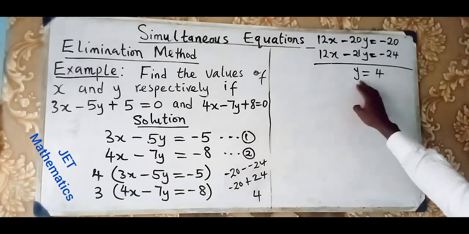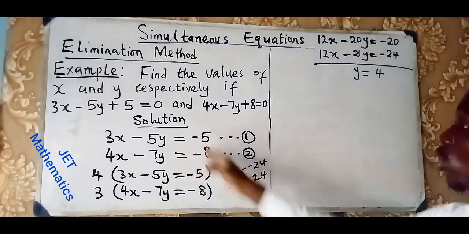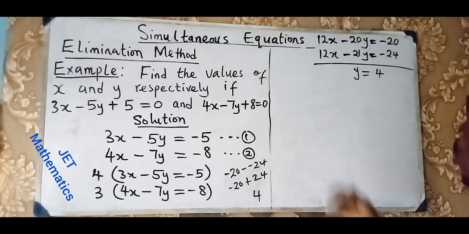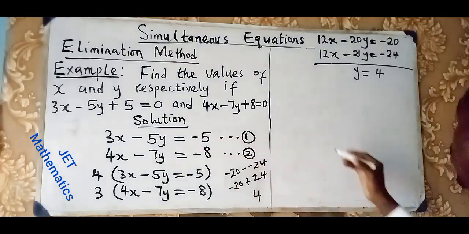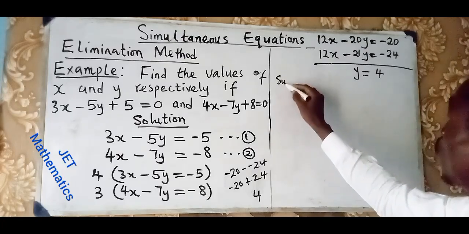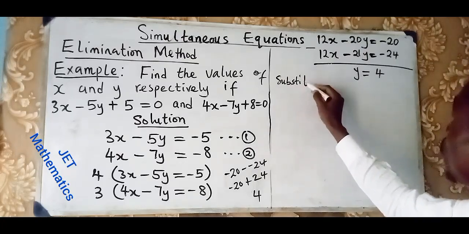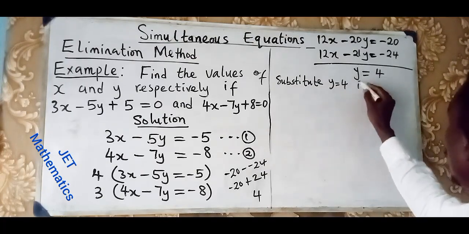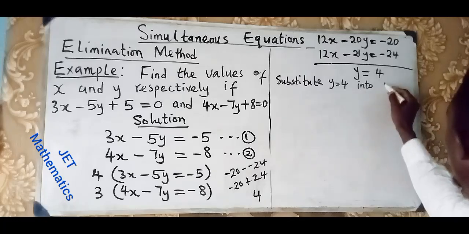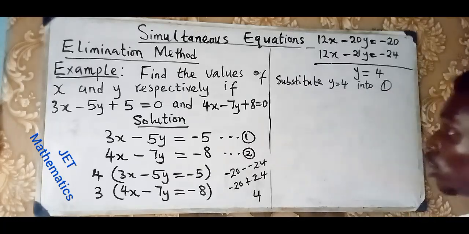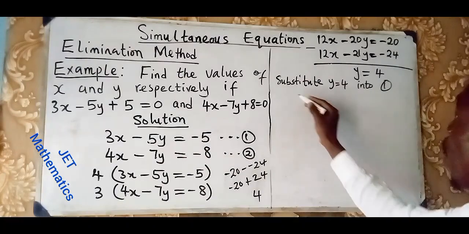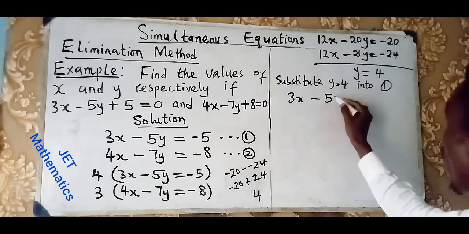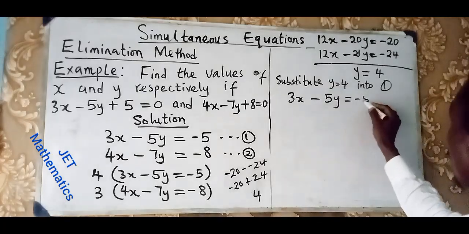We can substitute this into either equation 1 or equation 2. I'm going to substitute y equals 4 into equation 1. When we plug that in, we have 3x minus 5y equals minus 5.